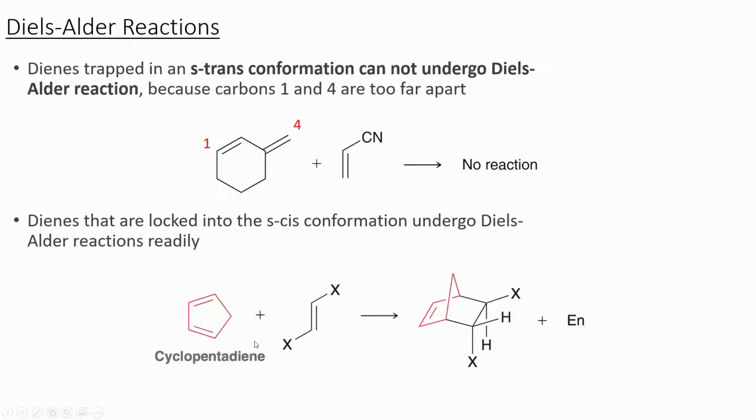In this reaction here, we can react cyclopentadiene with this alkene, and the product we get is actually a bicyclic product because now we formed two new bonds between these carbons, and so therefore the fifth carbon of the cyclopentadiene becomes the bridgehead position of the product.